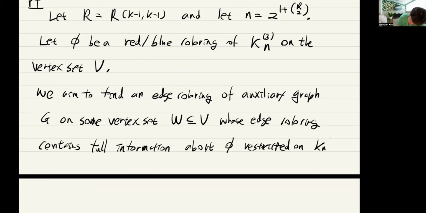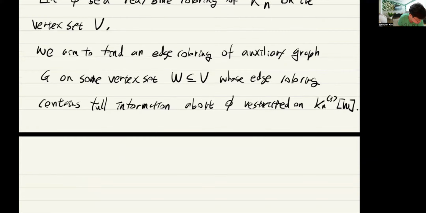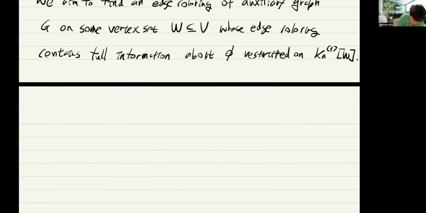So in this subgraph, how do you do it? We want to take W1, W2, W3, up to W_n vertices. And what do you want to do with this?